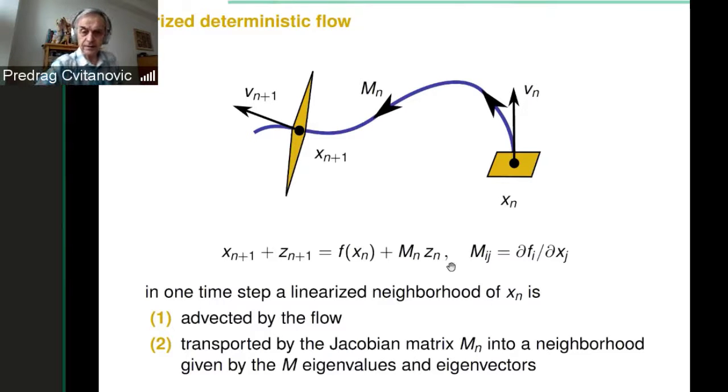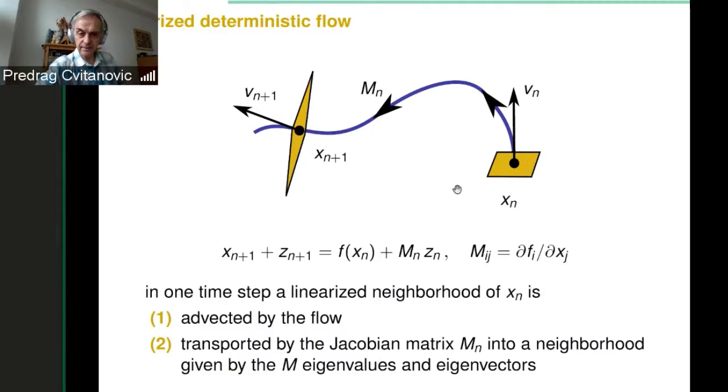And the noise, and because this is linearization, we already learned this, the process of its propagation is called the Jacobian matrix. And that predicts where I am one step later.